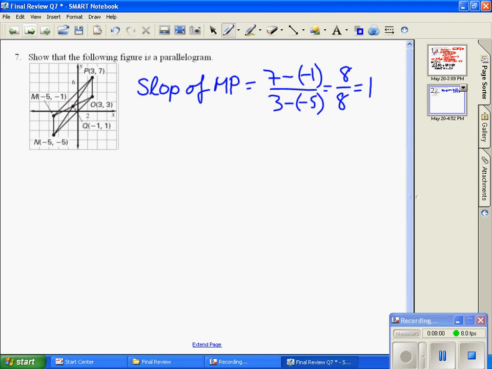We want to check if that's the same as the slope of NO. Okay, so again, let's do change in y over change in x. So let me just write the formula over here for those of you who don't remember.